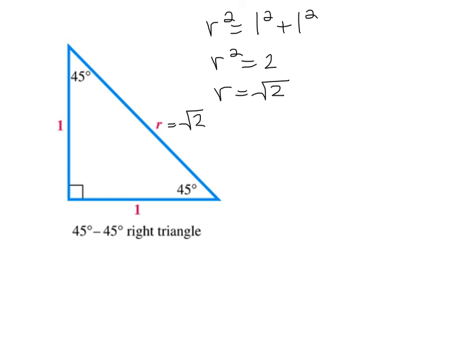Just like with the 30, 60, 90, we can now learn the trig ratios for a 45-degree angle. So this would be opposite over hypotenuse, which makes this square root of 2 over 2.